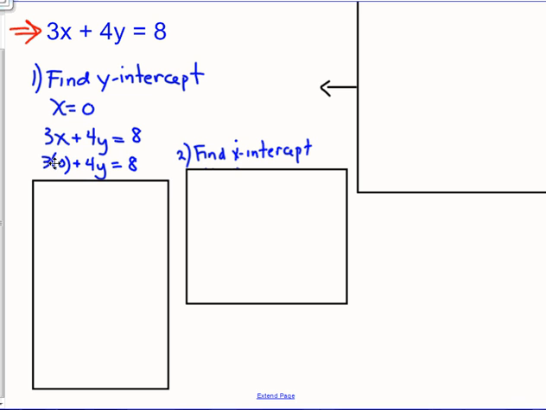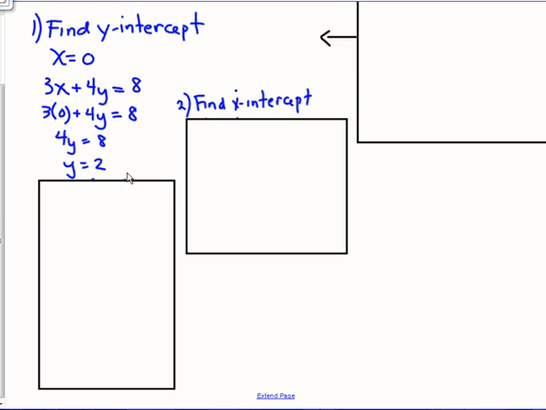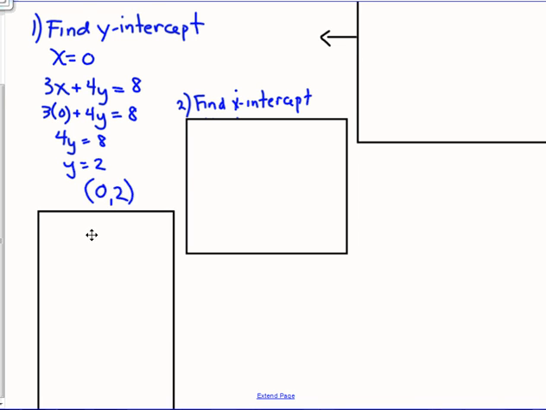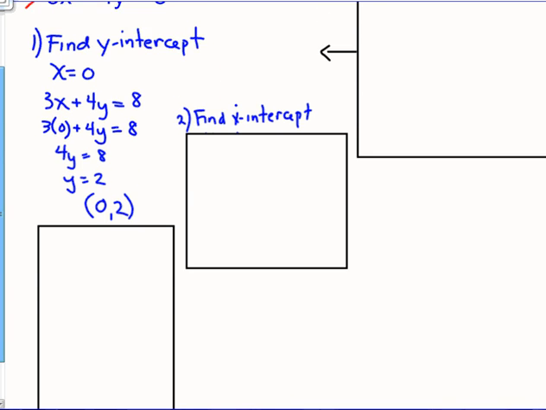That 3 times 0 goes away, so we're left with 4y equals 8. Then divide each side by 4, and we get y equals 2. So on the y-axis, you will be plotting a point at 2, also known as (0, 2) as a coordinate pair.